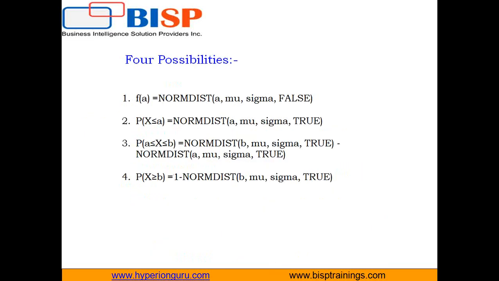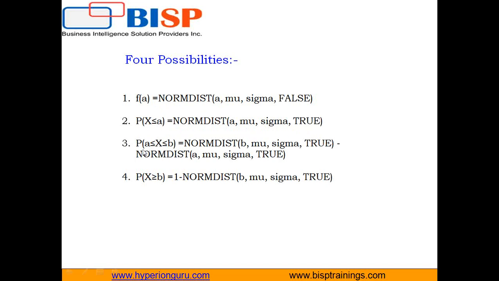This function has four conditions. If we use the norm_dist function with arguments a, mu meaning mean, and sigma, and the cumulative value false, that means we are calculating for a simple value of a. If the value of x is less than or equal to a, then the cumulative value will be true.